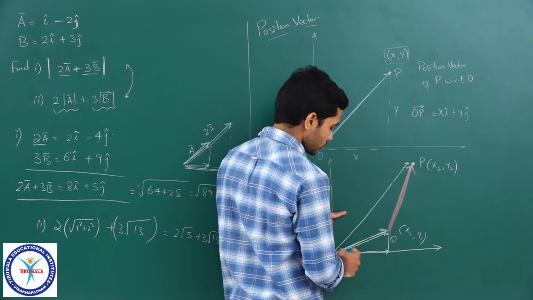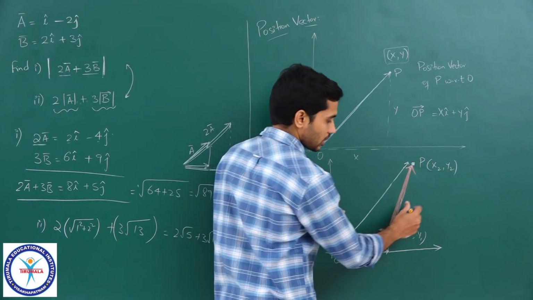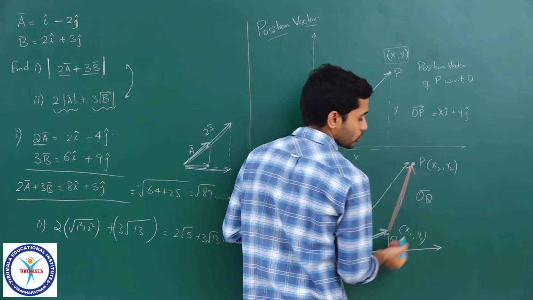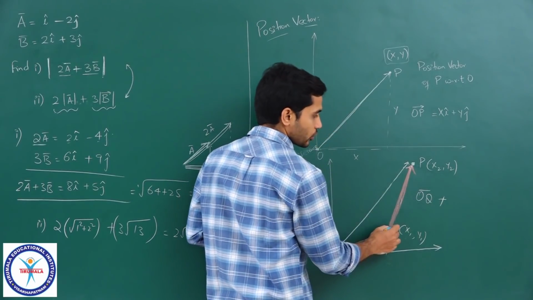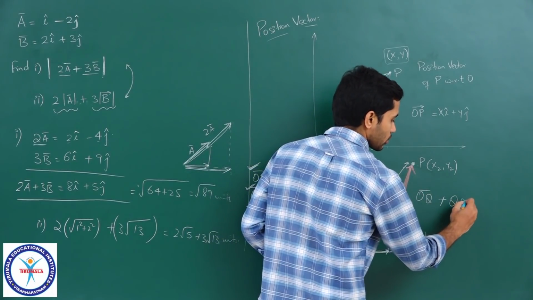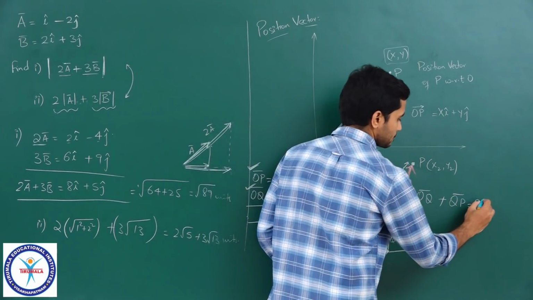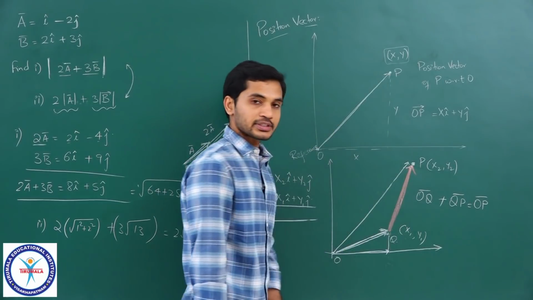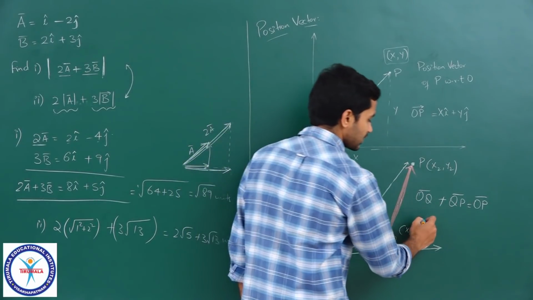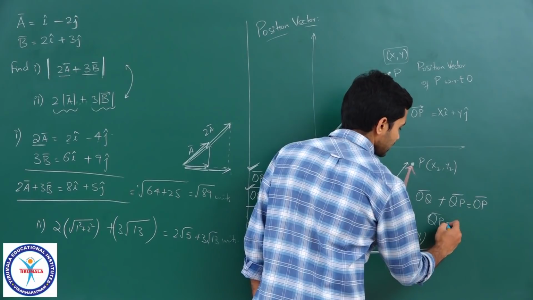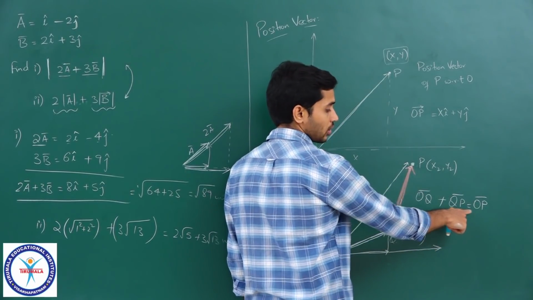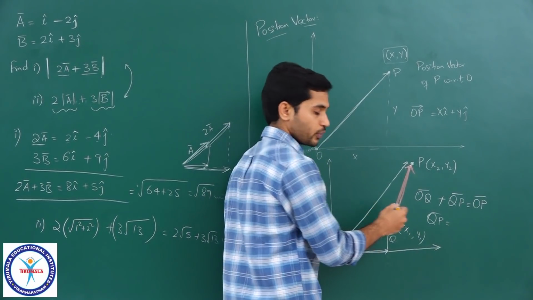Let me write it down here so that it is clear. OQ bar plus QP bar is equal to OP bar, correct, students? Which means if I simplify this, I get QP bar is equal to, what is QP bar? OP bar minus OQ bar.